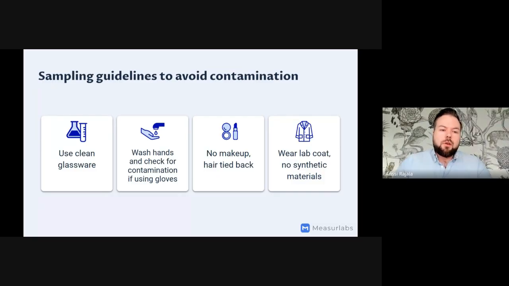Also, we recommend not using makeup, tying hair back, and not using hair products that day when you're taking microplastic samples. And also wearing a lab coat made of cotton, and otherwise not wearing synthetic materials.